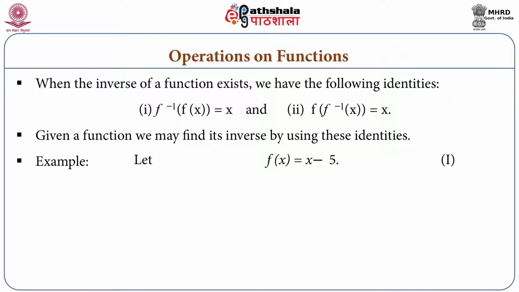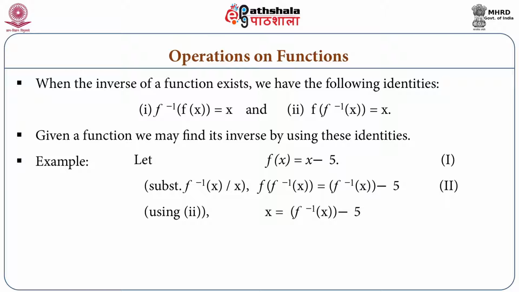Let f(x) equal x minus 5, and then we will number it 1. Then substitution: we can apply the rule of substitution, substituting f⁻¹(x) for x. So on both sides you substitute. Every occurrence of x is to be replaced by f⁻¹(x), because we have seen that they are equal.